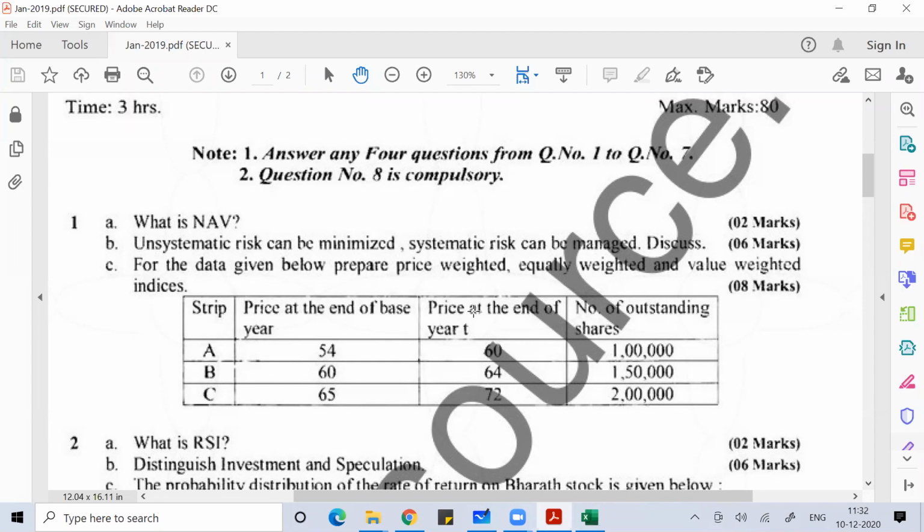So maybe after 6 months, maybe after 1 year, maybe after 2 years, maybe after 10 days, doesn't matter. That base value remains constant. We use it as the basis of comparison where the analysis can be done for us. So that is called a base year.